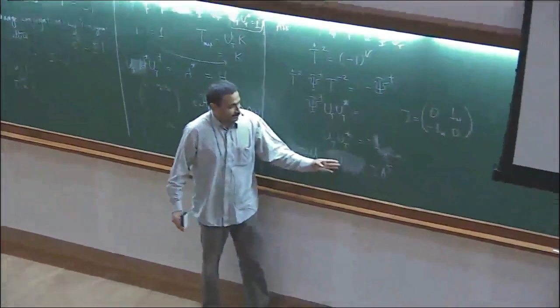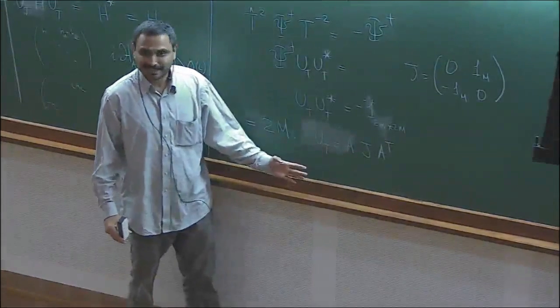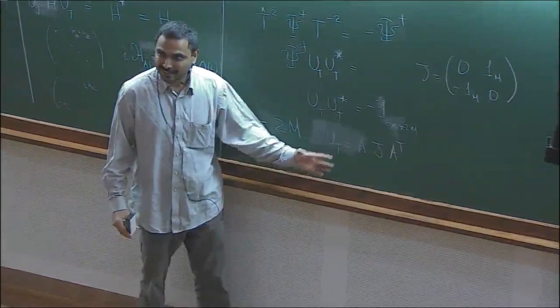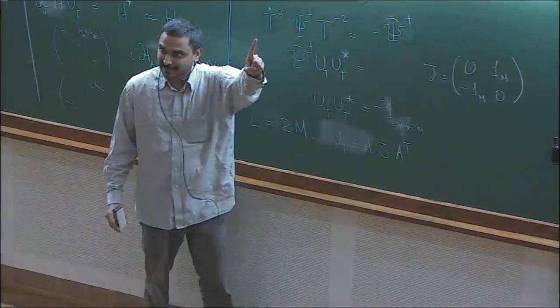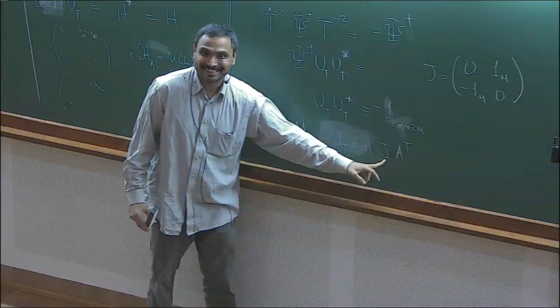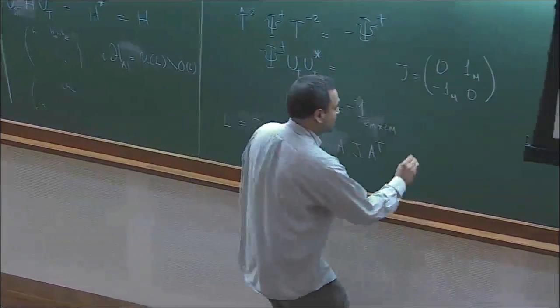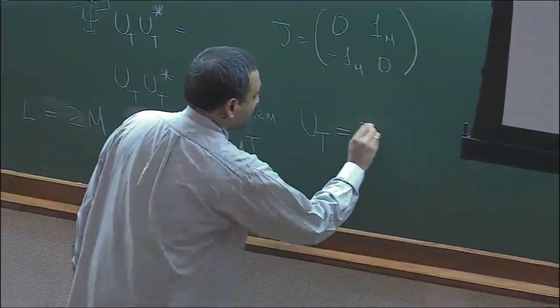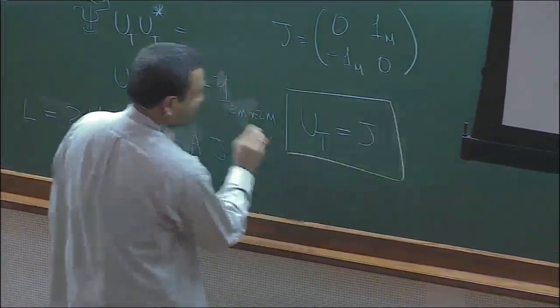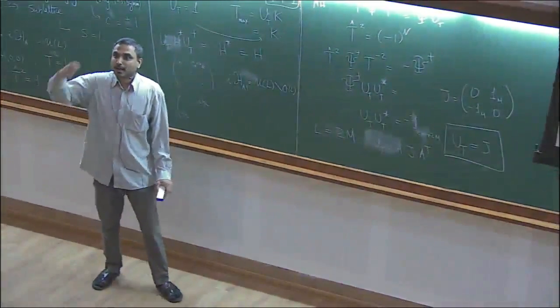All right. So what does this mean? This means that I can always go to a basis, again using that basis transformation trick, where ut is chosen as J. So what that means is that the canonical ut is equal to J. That's what I've concluded.